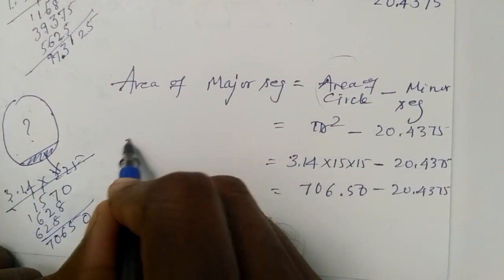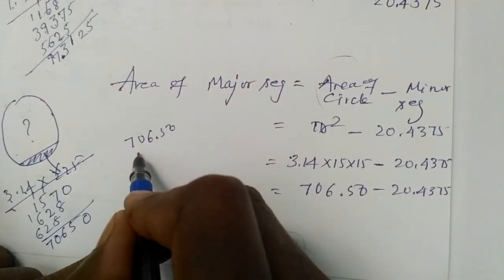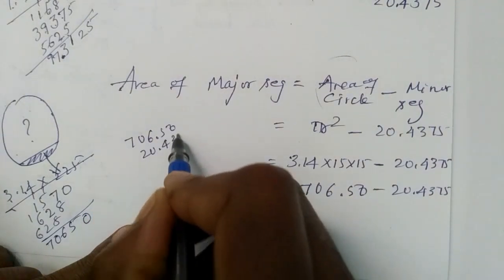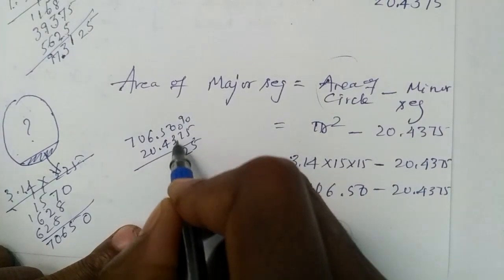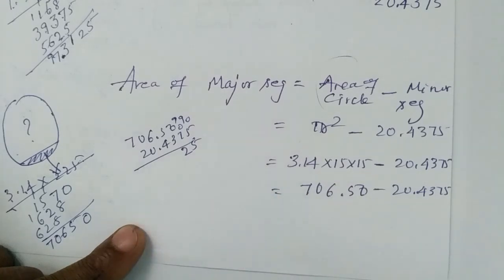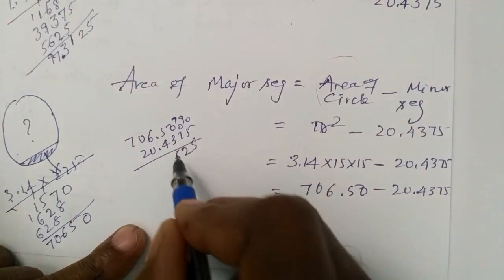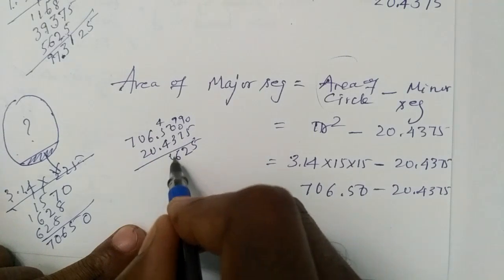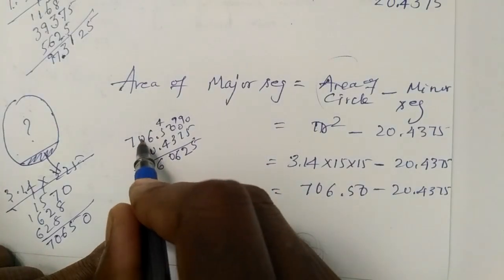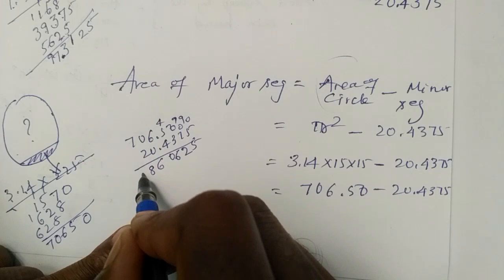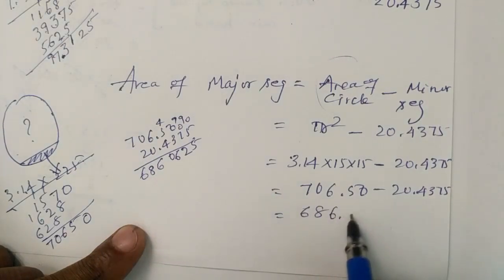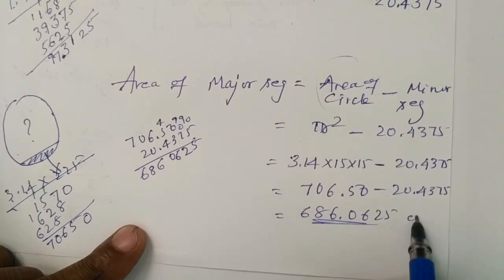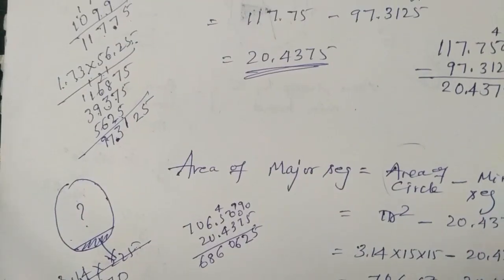We subtract. It is 5 here, 9, so it becomes 2. Here also it is 9, and we get here 6. Here it is 4, 0, here 6. In 10 subtracted 8, here it becomes 6. So we get 686.0625 centimeters square. This is the area of the remaining part, that is the area of the major segment.